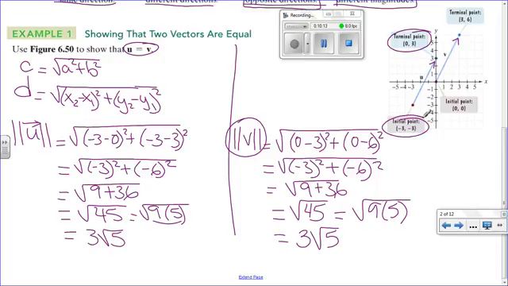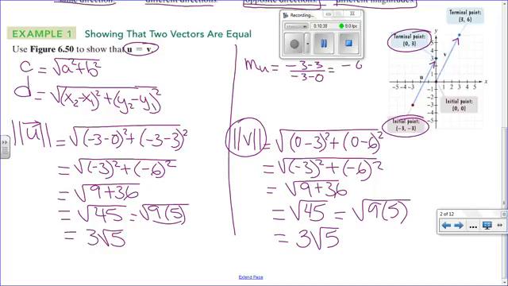Now for slope, let's call it the slope of vector u. We need to get the difference of the y's, so that will be minus 3 over the difference of the x's, minus 3 minus 0.